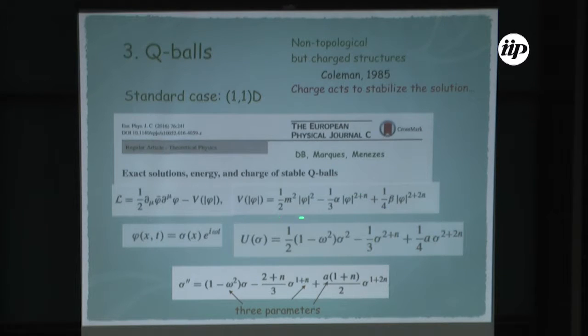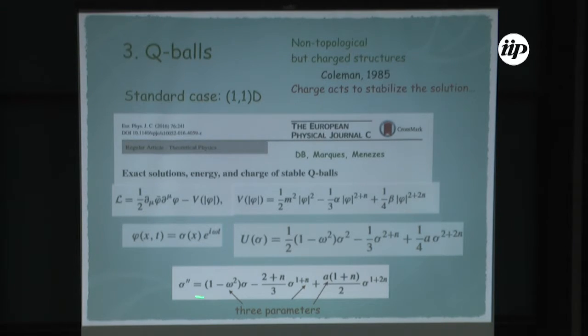So I have this potential, and when I plug this into the equation of motion, I can write an effective potential, where the contribution that comes from the time evolution is in the omega. The equation of motion is this one, and now in this case I have 3 parameters, N, A, and omega. Omega controls the charge, controls the stability of my solution.